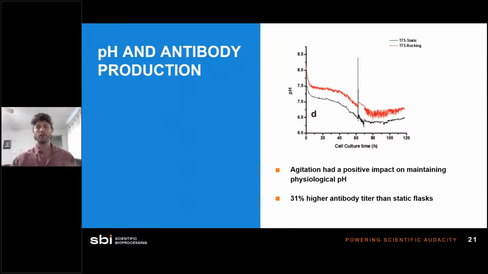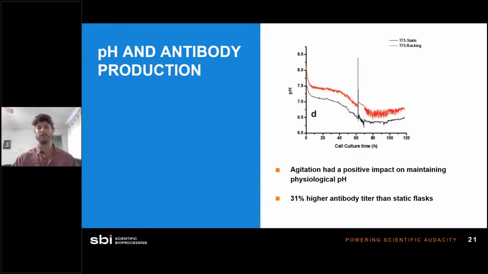And part of the reason why this is happening: when cells metabolize, when they respire, they're using up oxygen and giving off CO2. CO2 is heavier than oxygen, it has that extra carbon, so it sits on top of the cells and forms this little pool of CO2 that starves the cells of oxygen, but it also acidifies the cells because CO2 is acidic. So what you get is this pocket of acidic media right on top of the cells where they're growing.